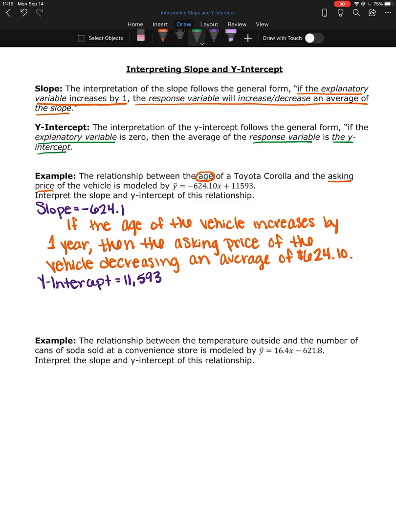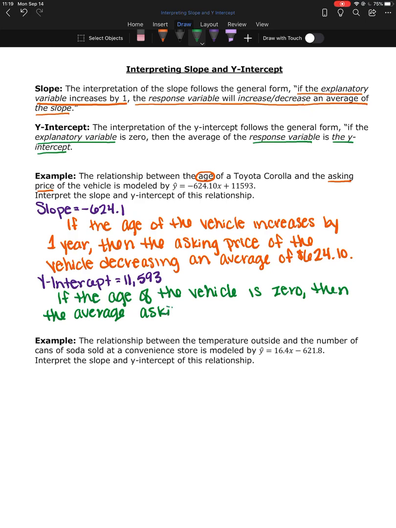And the interpretation for this one would be: if the age of the vehicle is 0, then the average asking price is $11,593.